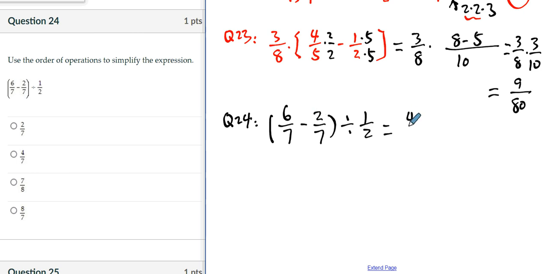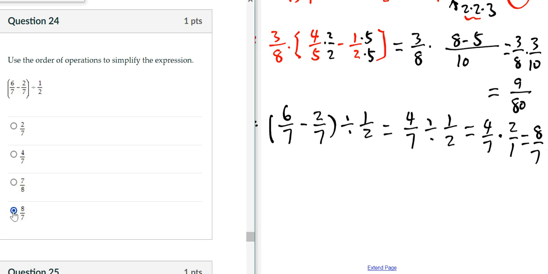So you have 4 over 7 divided by 1/2. Division, change it to multiplication. So flip it. 2 over 1. Well, 2 over 1 is just 2. And 2 times 4 is 8. And 1 times 7 is 7. Do we have a number like this? Right here. 8 over 7.